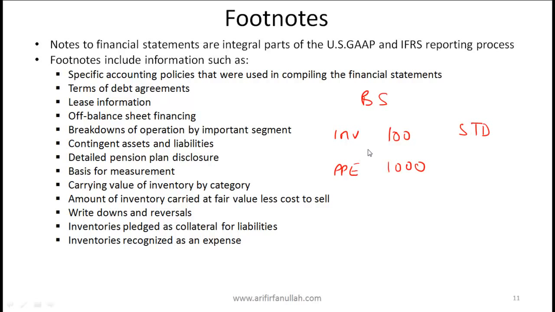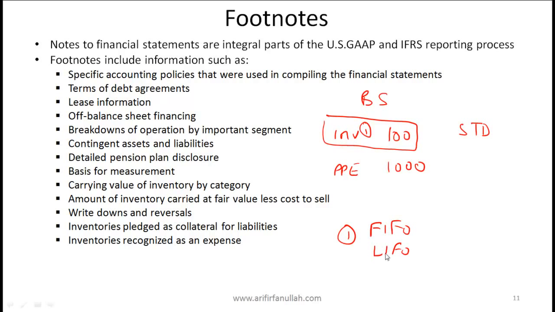But associated with each item there will be a footnote, and these footnotes provide a lot of detail on this number. So if inventory is 100, this footnote will give details on that inventory, as well as whether inventory is being measured on a first in, first out basis or last in, first out basis.